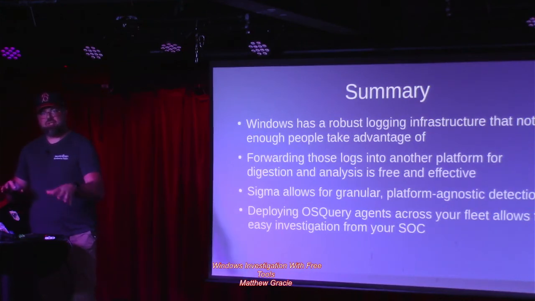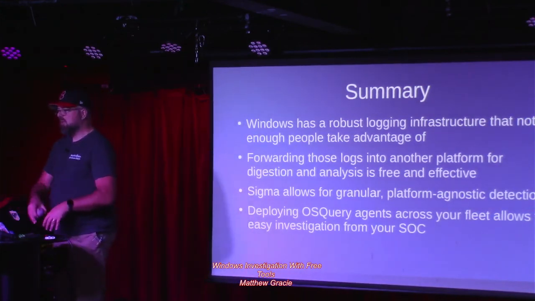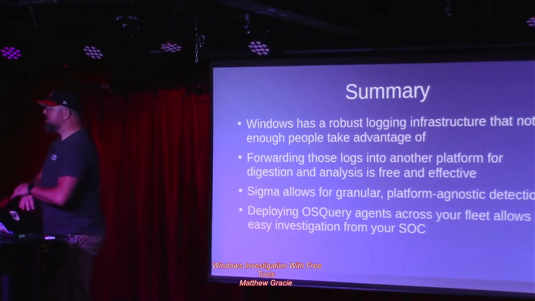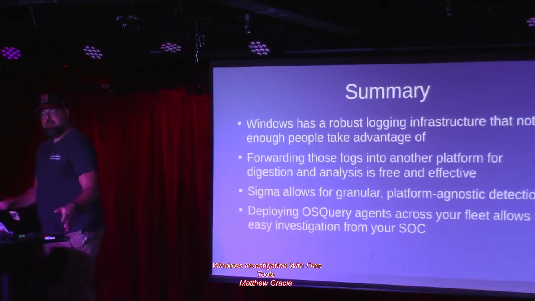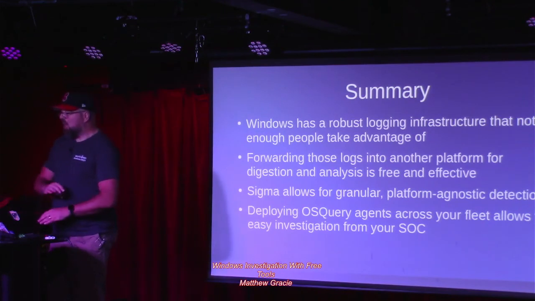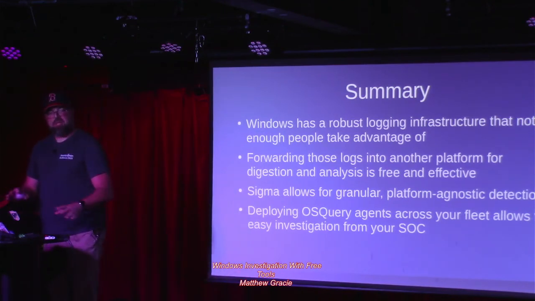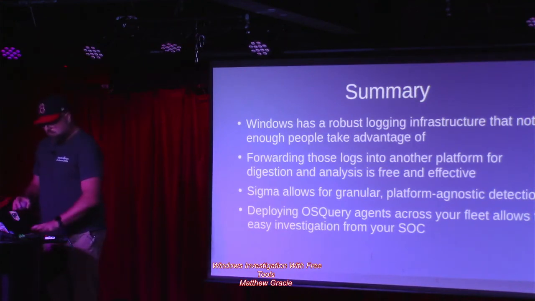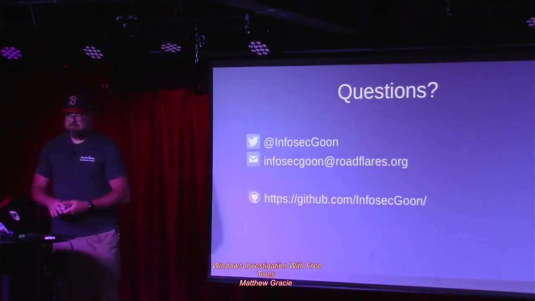Right? After you got that initial one, you figured out it was a web shell, you got the MD5 hash for it, then you can hunt for it everywhere else. Okay? And again, all of this stuff is completely free, really easy to set up. And I think that is it.